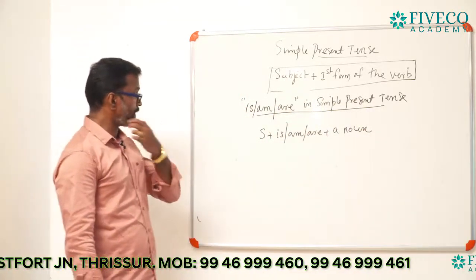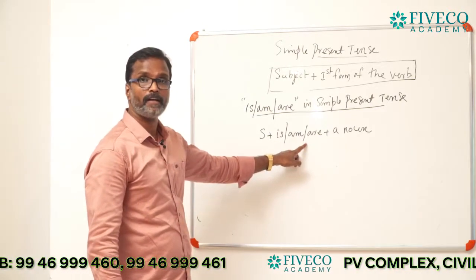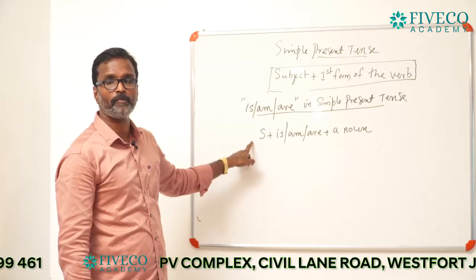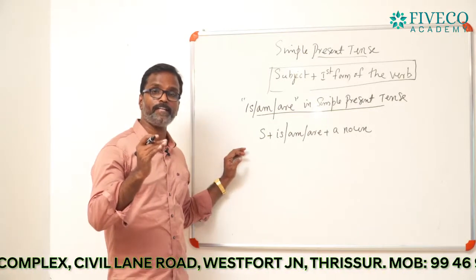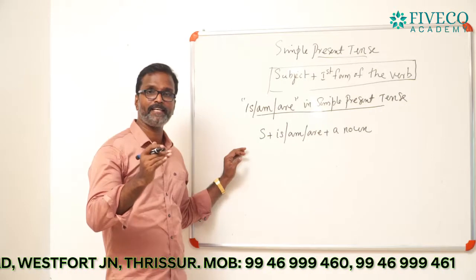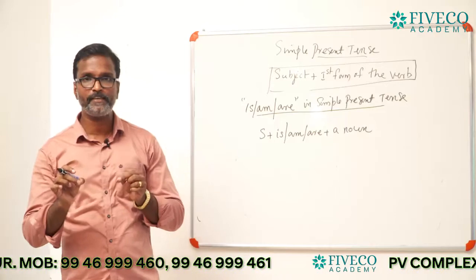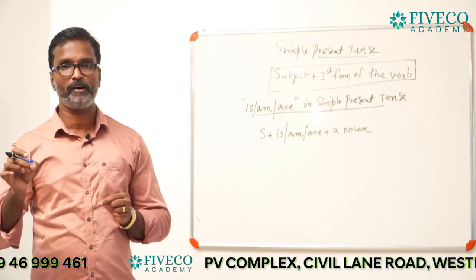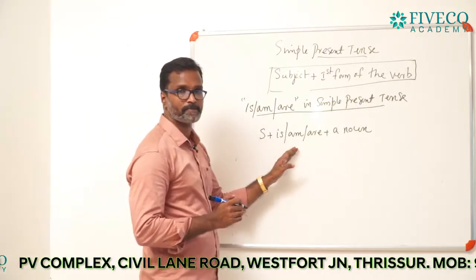Okay, listen. These three auxiliary verbs depend on the subject, whether it is singular or plural. I already told you, 90% of the auxiliary verbs depend on the subject, whether it is singular or plural. I mean, a singular subject will receive a singular verb and a plural subject will receive a plural verb. Listen, is, am or are, they are the auxiliary verbs.